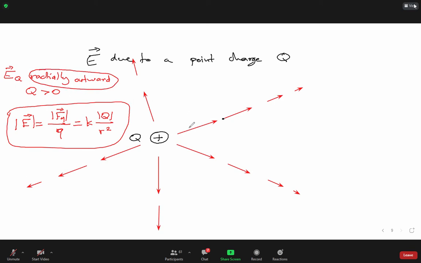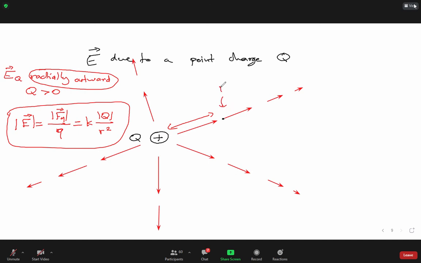Now we don't have to do this every time. From here on, whenever we see a positive charge, we can imagine an electric field pointing radially outward at each point, at distance R away. That's the magnitude of the field. Notice that there's no need for a charge to be there. You can imagine one being there if it makes it easier for you, but there's no need for a charge at this point.